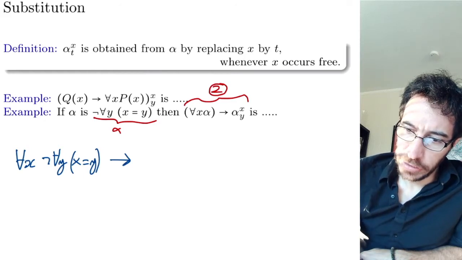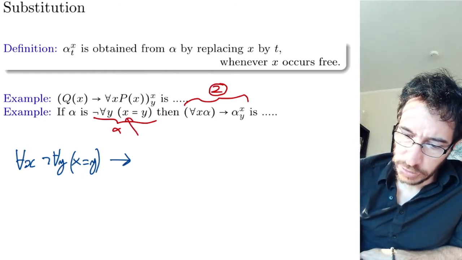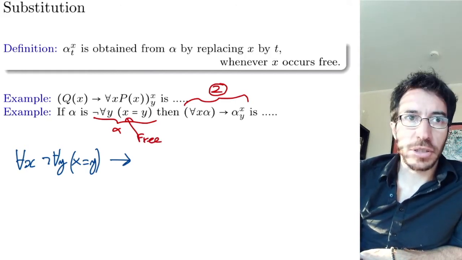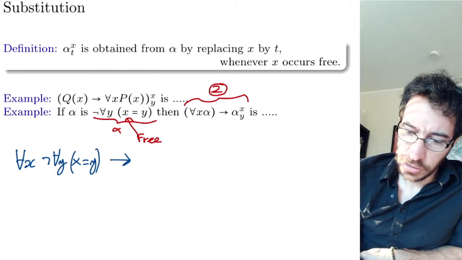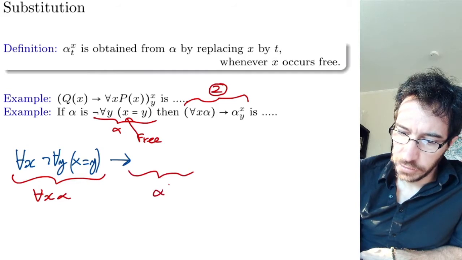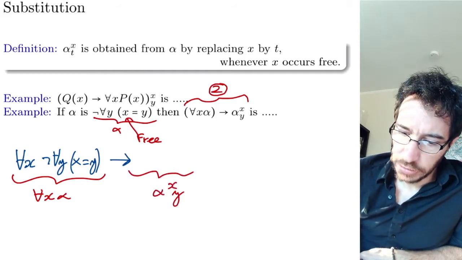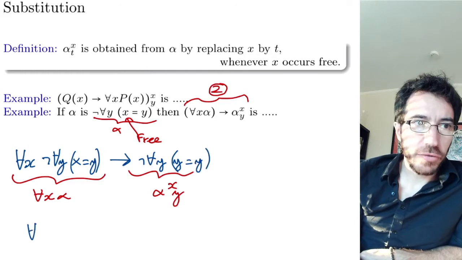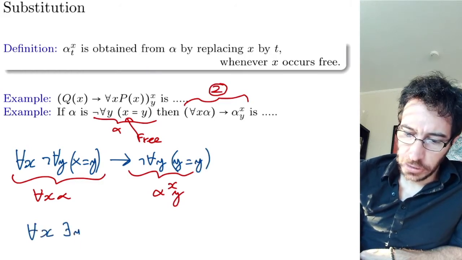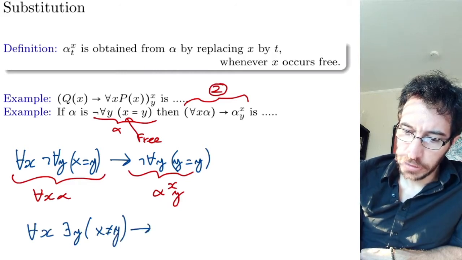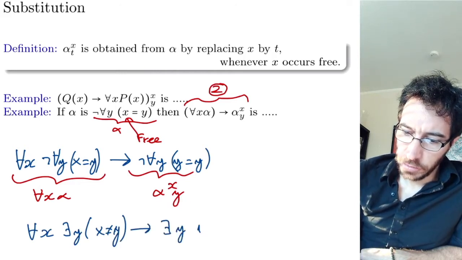Here in alpha, x is free, because there is no quantifier over x, so we can just change it freely. So this is for every x alpha, and here we do alpha x y, and we get not for every y, y equals y. We can rewrite that in terms of exists: for every x there exists y, x different than y, implies there exists y, y different than y.